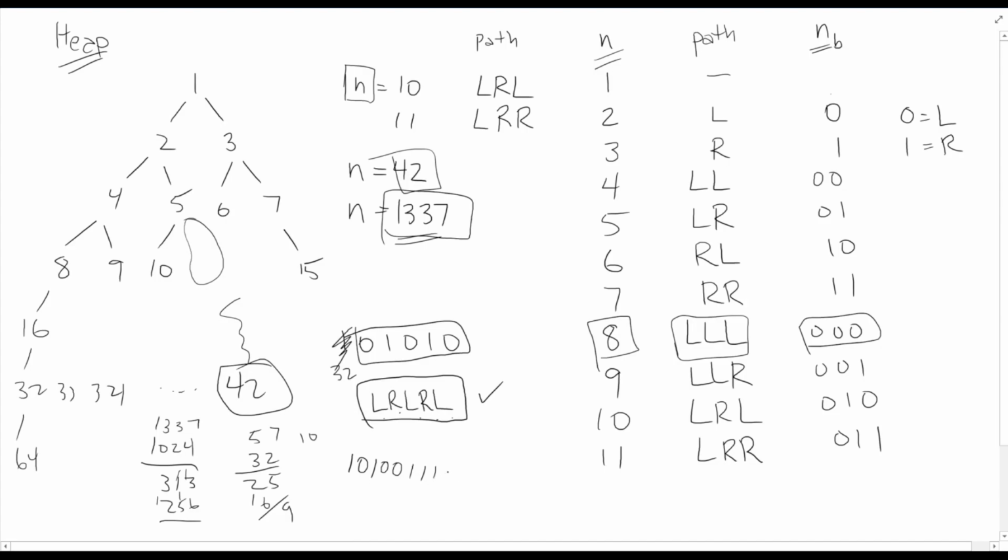And that gives us an 8 and a 1. So again, deleting out the first one and reading them off here, looks like we have a left, right, left, left, right, right, right, left, left, right. That should be the path to arrive at position 1337.